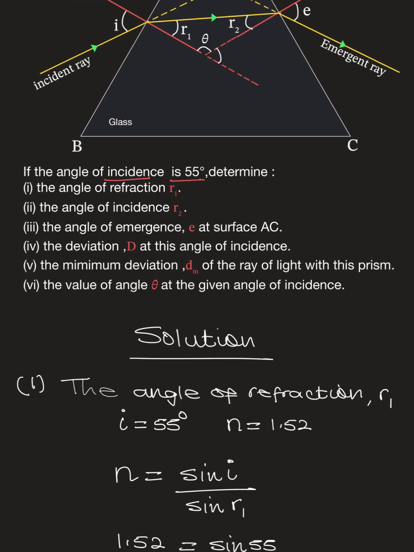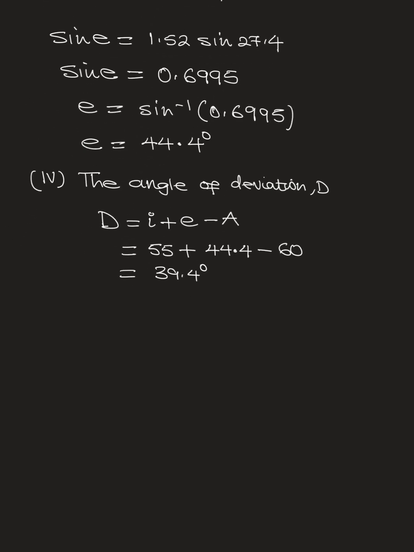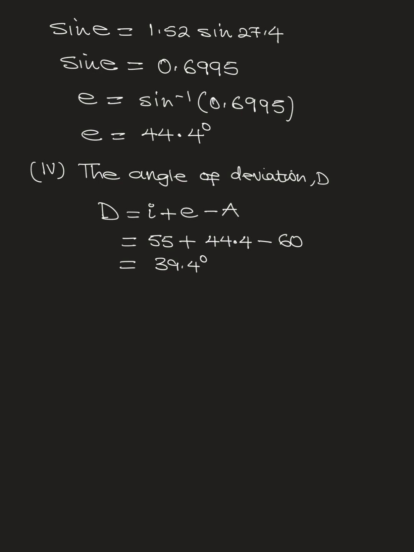It wants us to find the minimum deviation of the ray of light with this prism. So that is the least deviation. Question 5. The minimum deviation, dm.